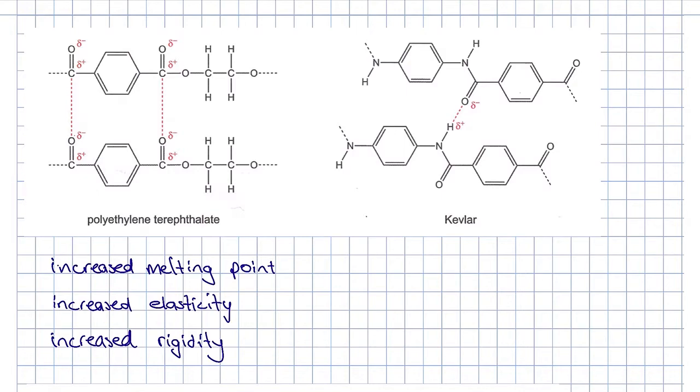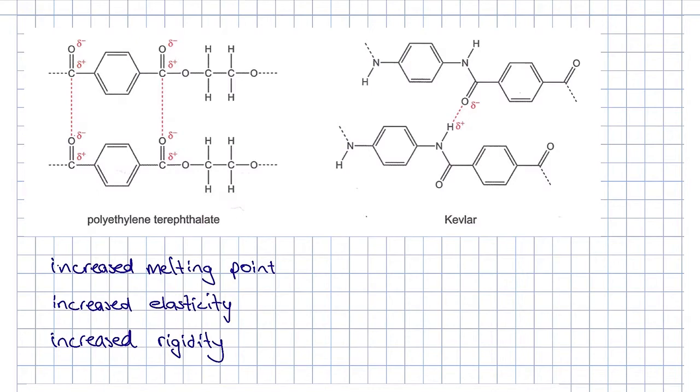But what we see with the properties of these things as they change, we increase the melting point. Okay, they're held together more strongly, and so it's going to take more temperature to disrupt those secondary bonds. They have increased elasticity, and the part that makes it hard for us to consider there is that some of these things are harder, and in our brain we don't consider something that's hard and perhaps inflexible as being elastic.